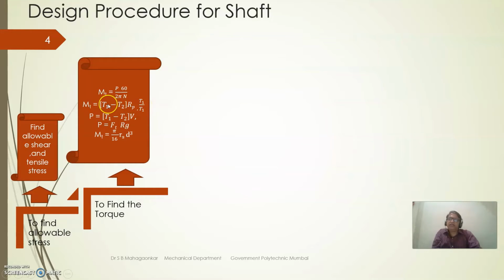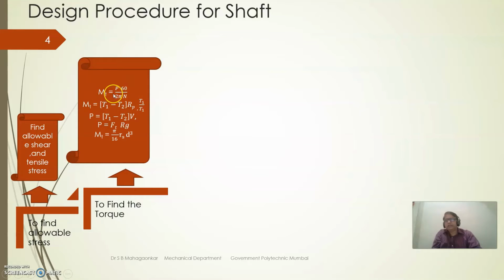So in that case I can find what is T1 and what is T2, and if the radius of the pulley is given, then I can find MT, and this MT I can use further in the design equation, which is d cube is equal to 16 by pi into tau s under root Mb square plus Mt square, for finding out d.